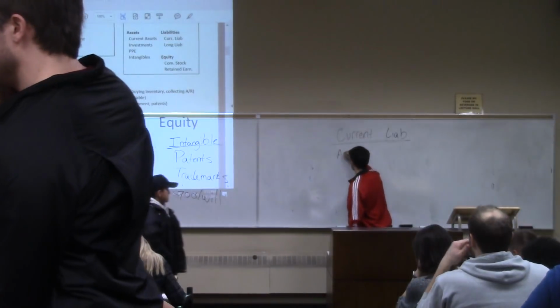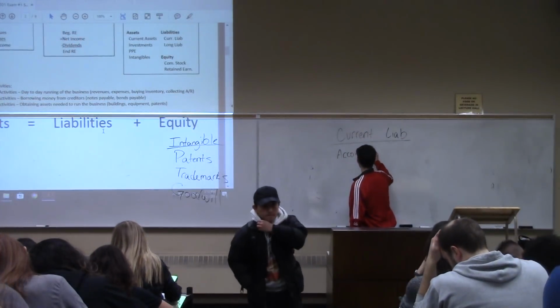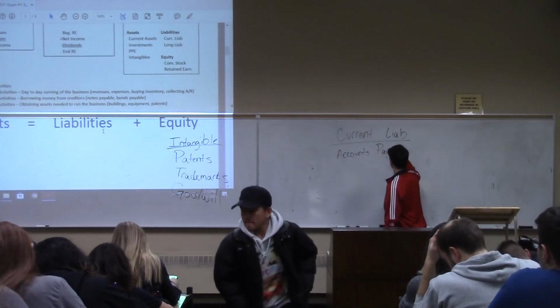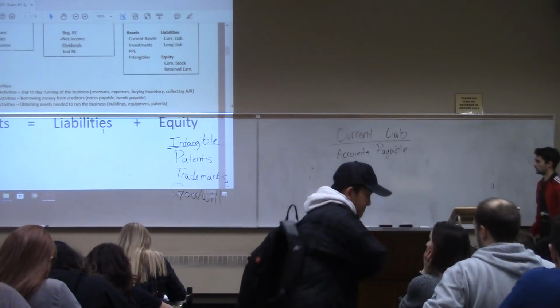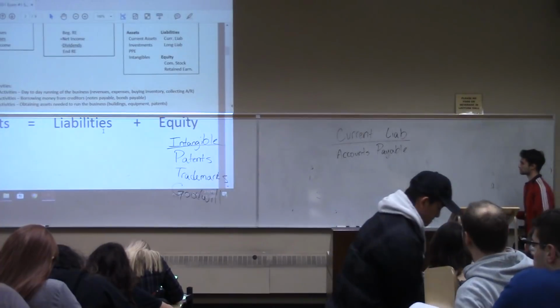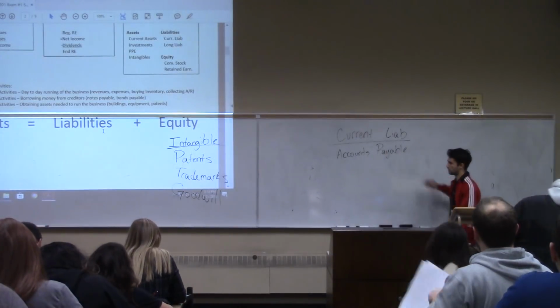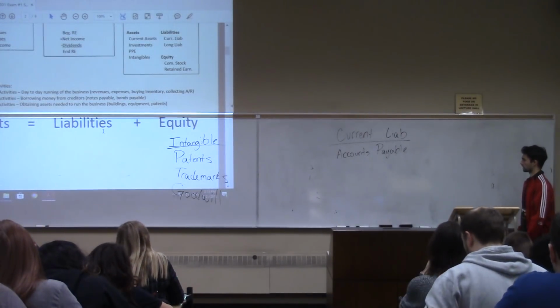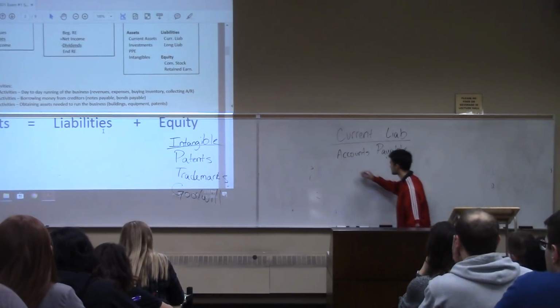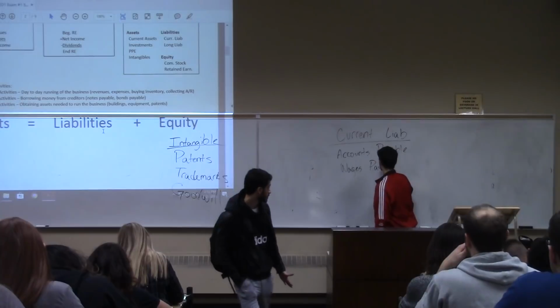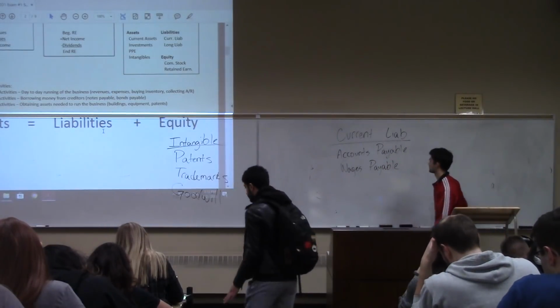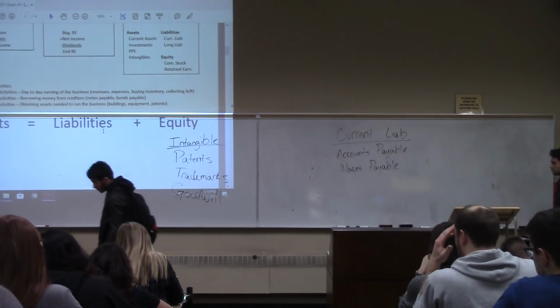A current liability could be accounts payable. That's when we buy inventory, and we don't buy it with cash, so we owe someone for the inventory. And we have wages payable. Our employees work for us, but we haven't paid them in cash yet.